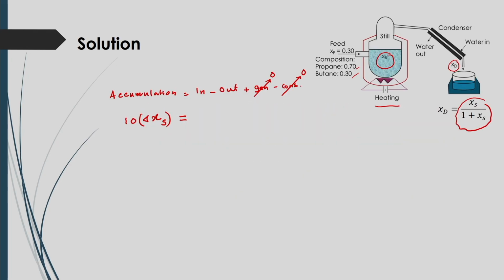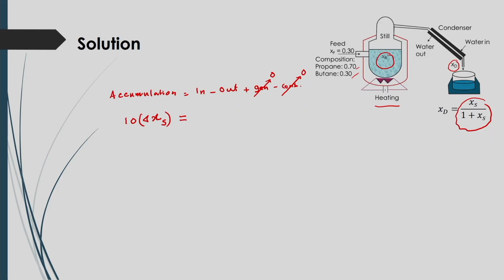In this 5 kg mole per hour flow rate, the amount of butane vapor in that feed, since the concentration is xf, we can write as 5 into xf, and since we are considering a period of time delta t, we have to multiply it like this.